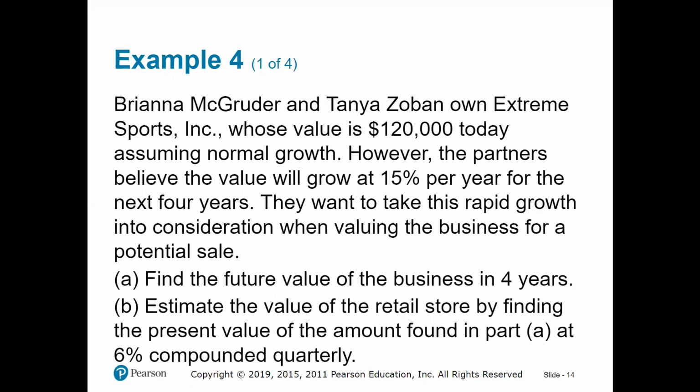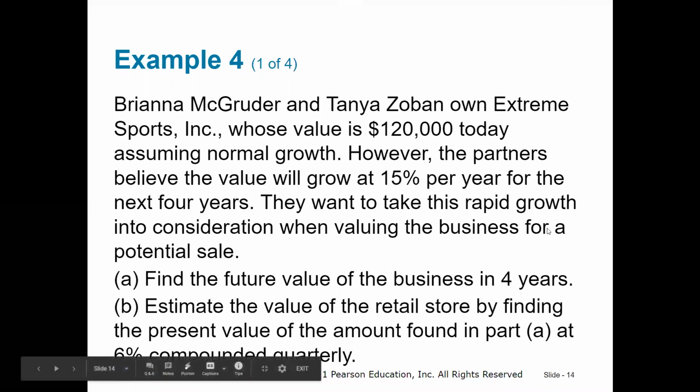They want to take this rapid growth into consideration when valuing the business for a potential sale. A, find the future value of the business in 4 years. B, estimate the value of the retail store by finding the present value of the amount found in Part A at 6% compounded quarterly.